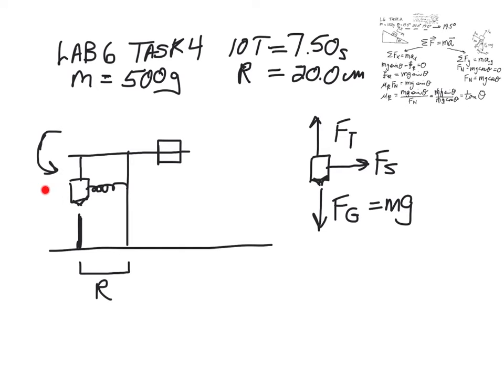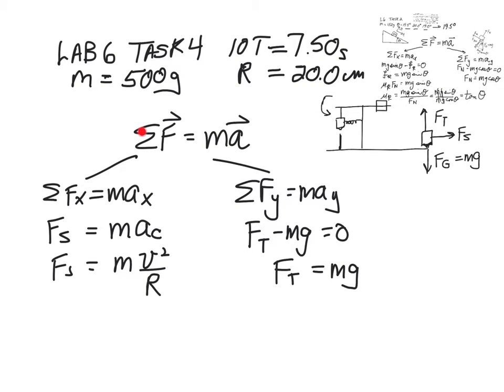There's no force in that direction. At this instant in the photograph, that mass is coming straight towards us, and it's being pulled around in a circle by the spring. So the spring is the centripetal force. Now we want to solve for the spring force.